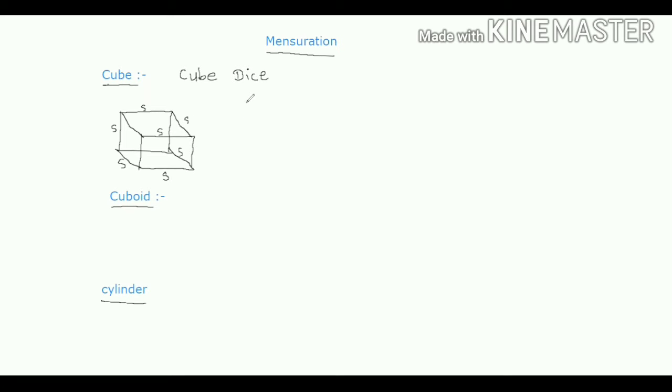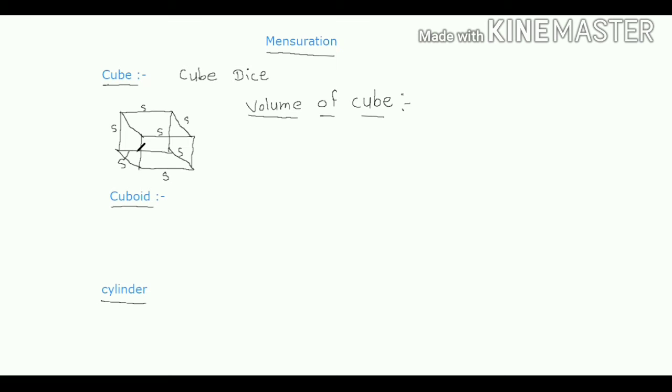Now if you want to find the volume of a cube, let's talk about how to find it and how to construct the formula of the volume of a cube.